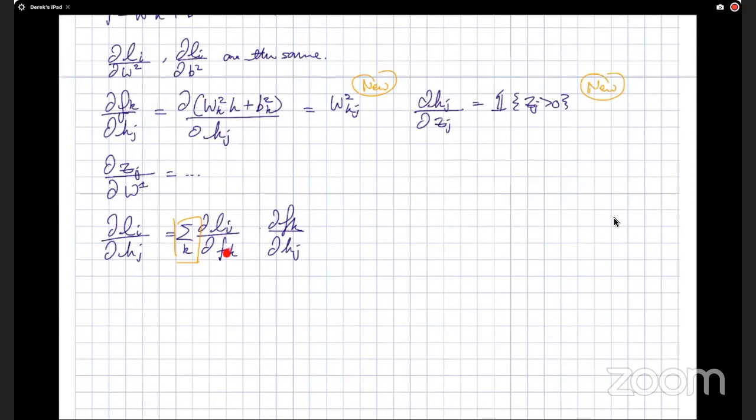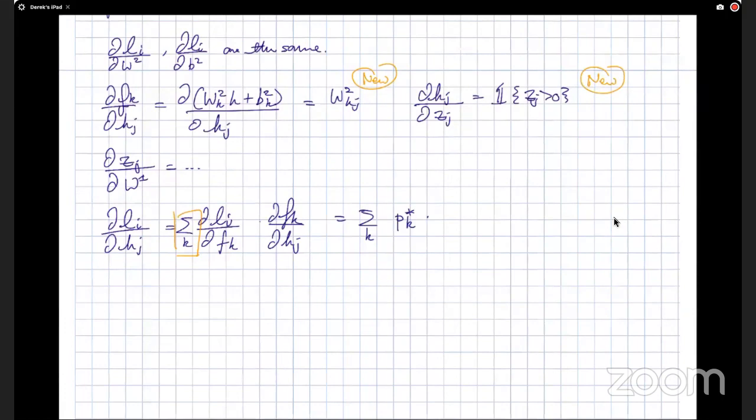So as a result, you need to actually sum over all the k's, right? So basically what we have is sum over k, and we know these individual components. What are they? They are like p star of k times w2kj, right?